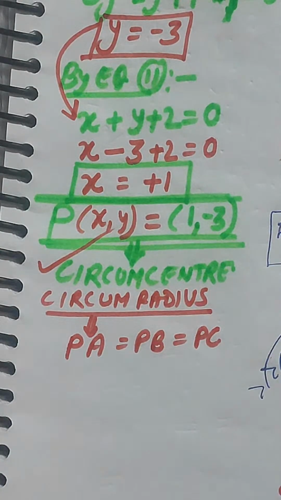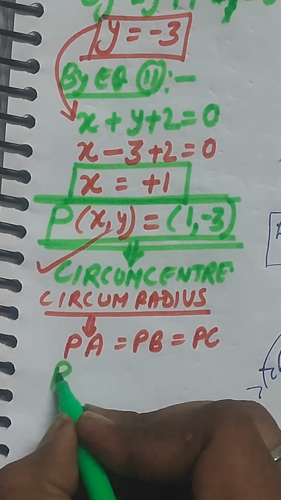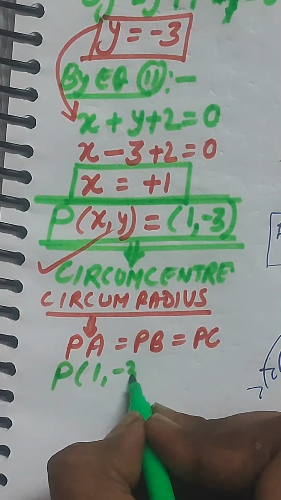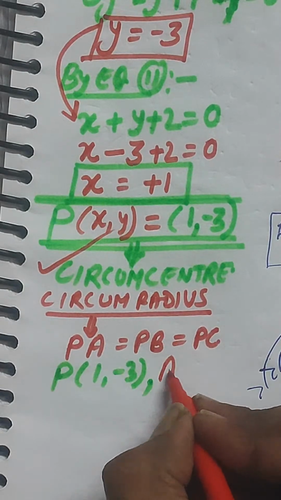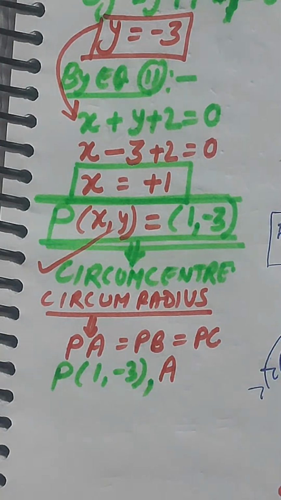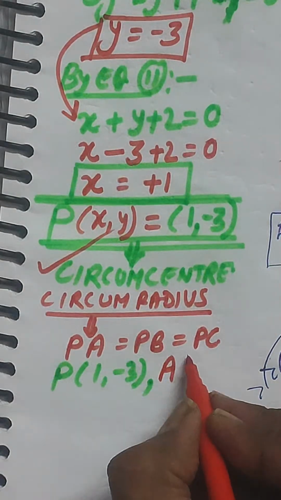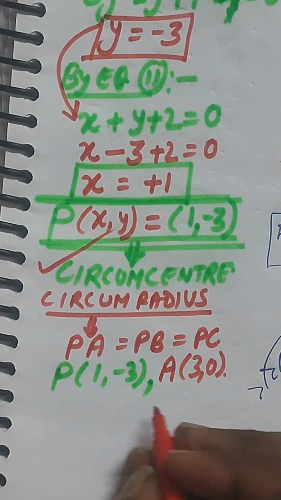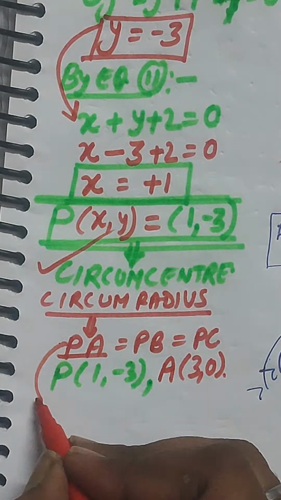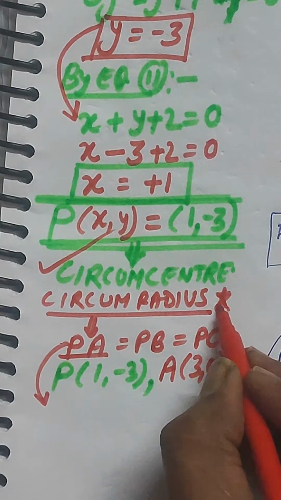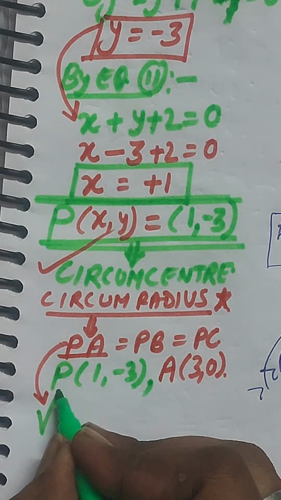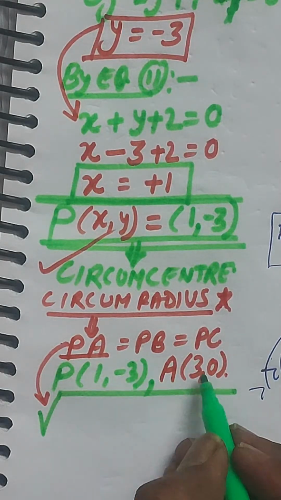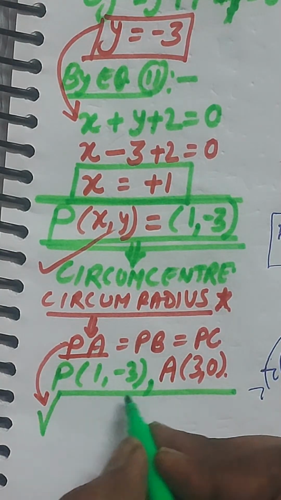So let us solve for PA, right? When the coordinates of P are 1 and minus 3 and coordinates of A are 3 and 0, then what is the length of PA? The circumradius is nothing but root over of 1 minus 3, right?